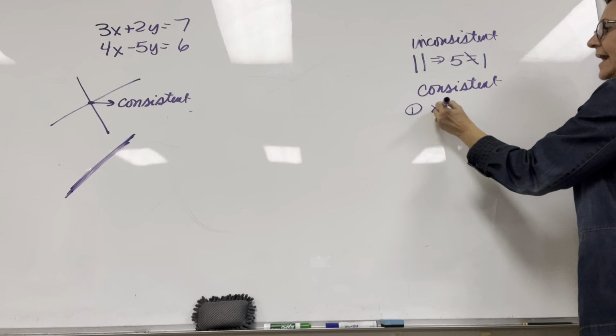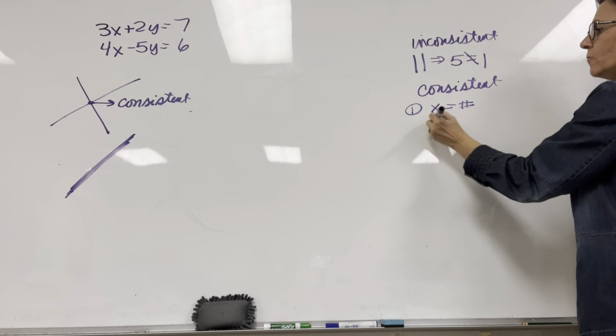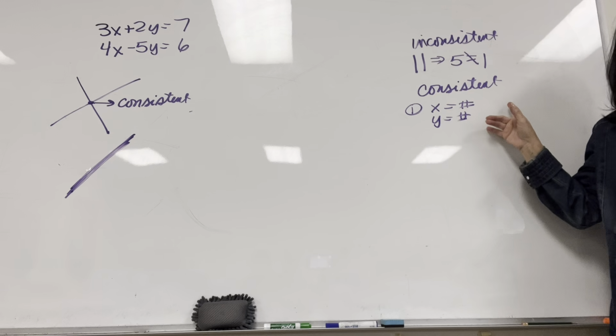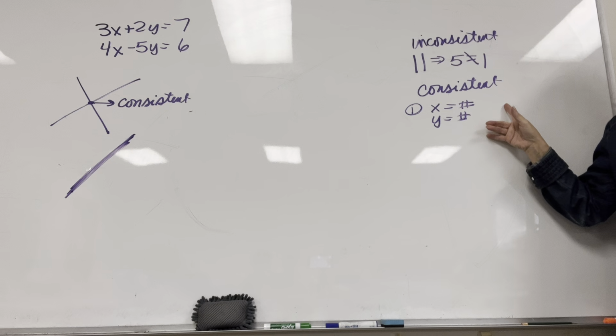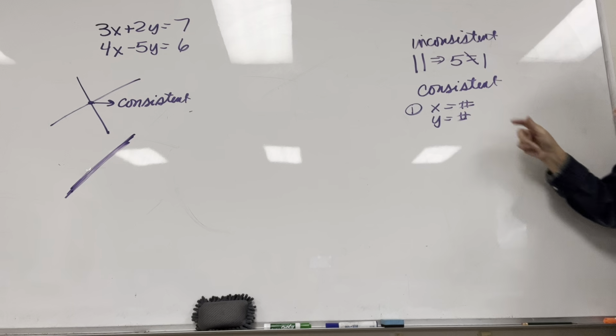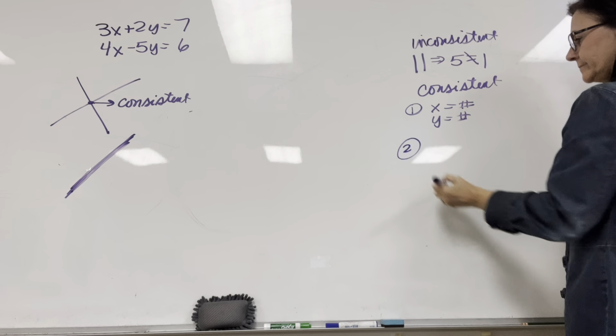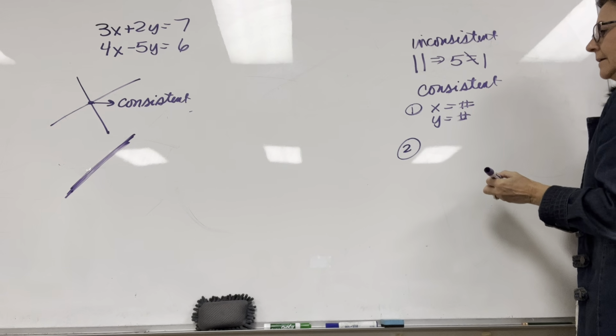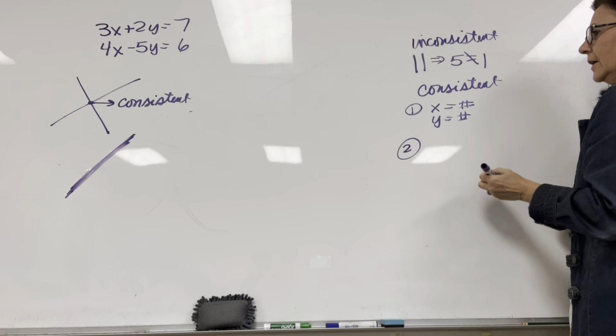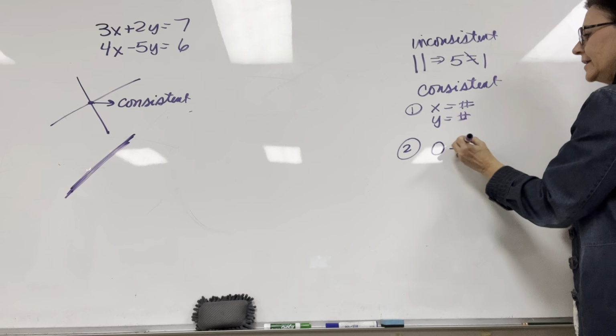Either you're going to get x equals a number and y equals a number. That's the point where they're consistent. That's typically what we arrived at when we used substitution and elimination in Algebra 2. Do you remember that? Or you're going to end up with 0 equals 0.